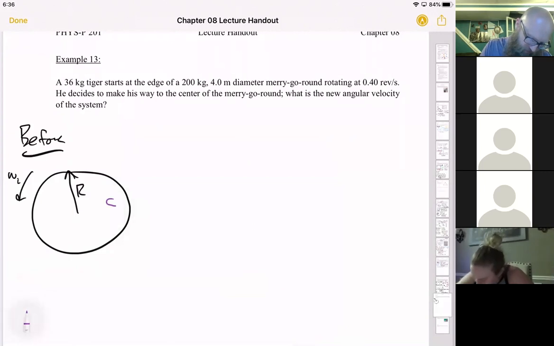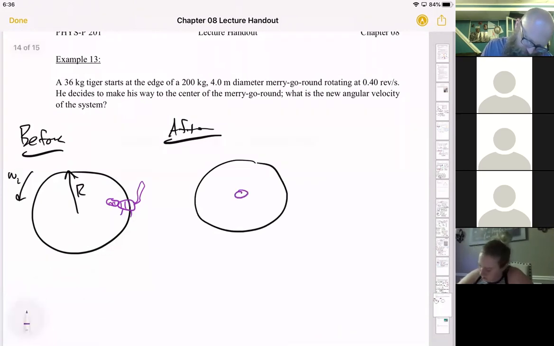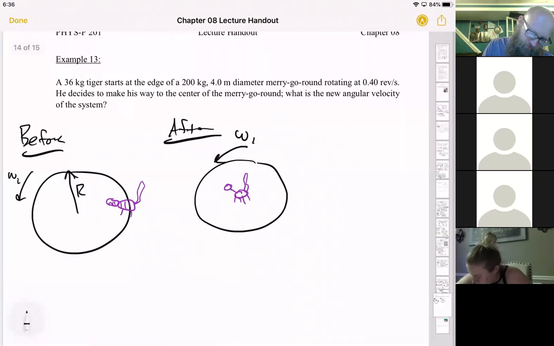It's basically a big cat with stripes. Fabulous. All right, so before and afterwards, the tiger is at the center of the merry-go-round. That was supposed to be the body, but now it kind of looks like the head. Oh no, what happened to my tiger? And there should be some omega final.